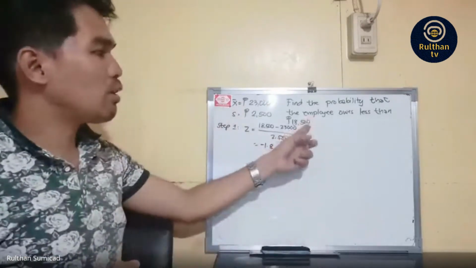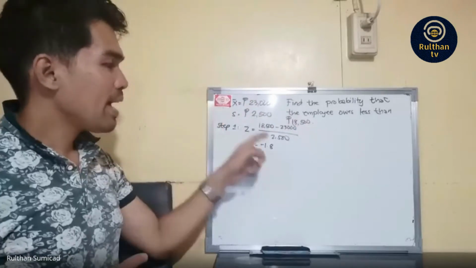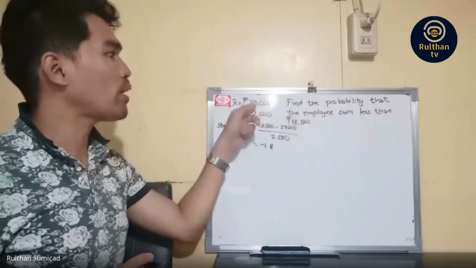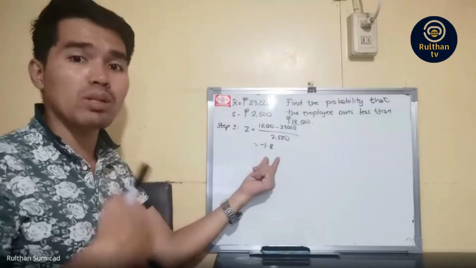So the z value equivalent to 18,500 in relation to this mean and standard deviation is negative 1.8. Thus, 18,500 deviates away from 23,000 pesos by 1.8 standard deviations below the mean.